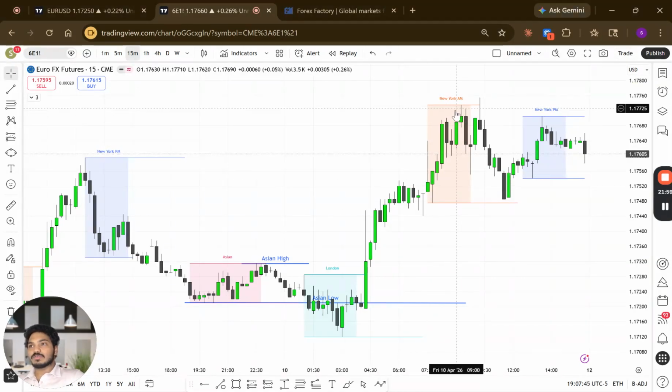Yeah, it taps into a discounted array, and then the New York steps in. If you can notice how the New York AM session also provided some more meat of the bullish expansion here.